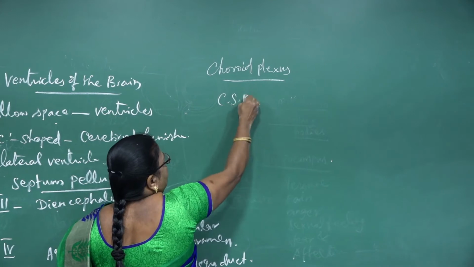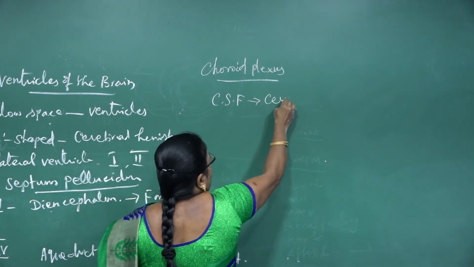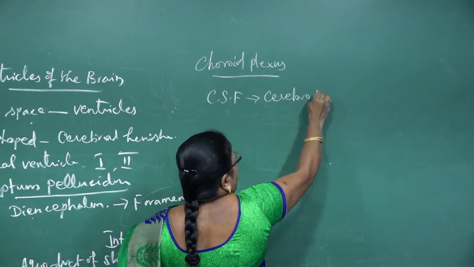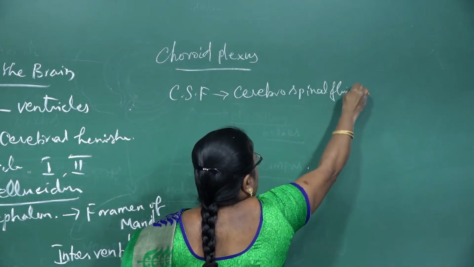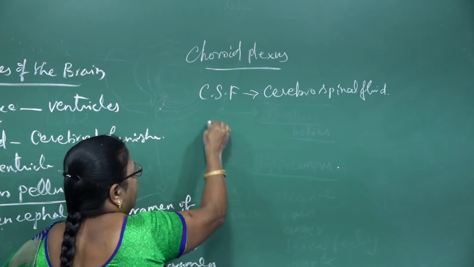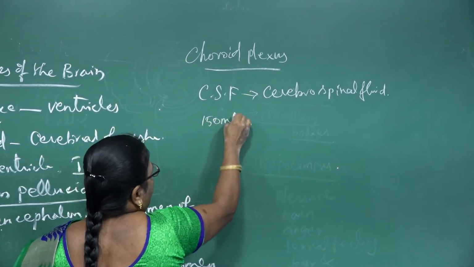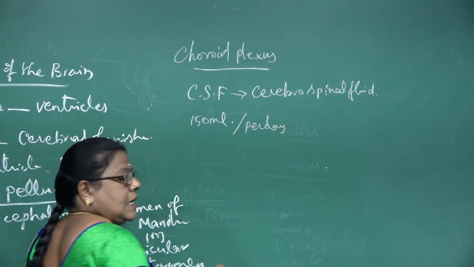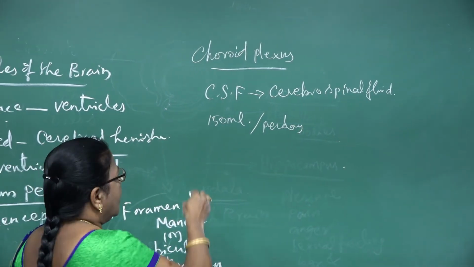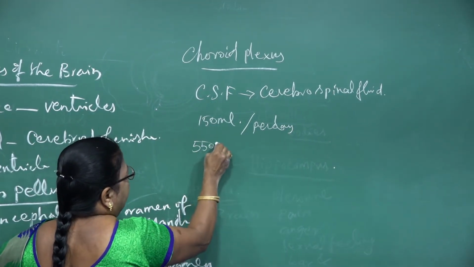CSF means cerebrospinal fluid. Per day it secretes 150 ml in the brain. Its circulation volume is 550 ml per day.